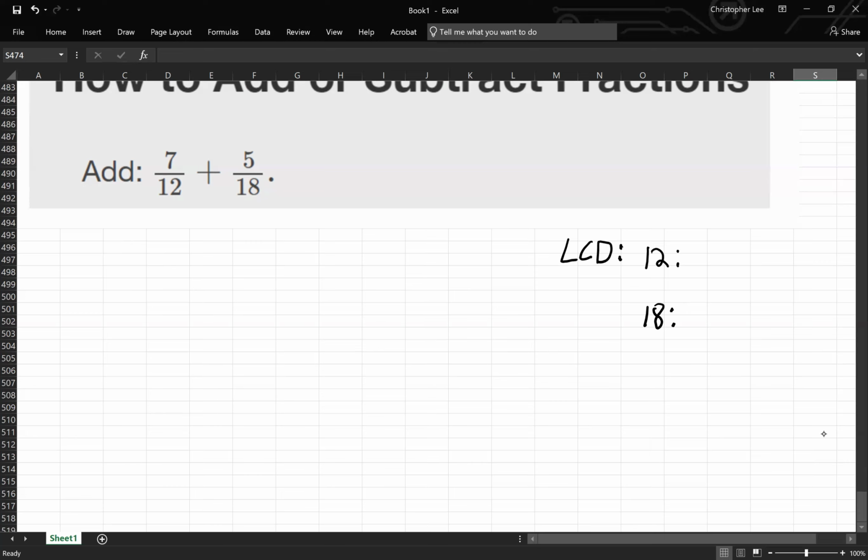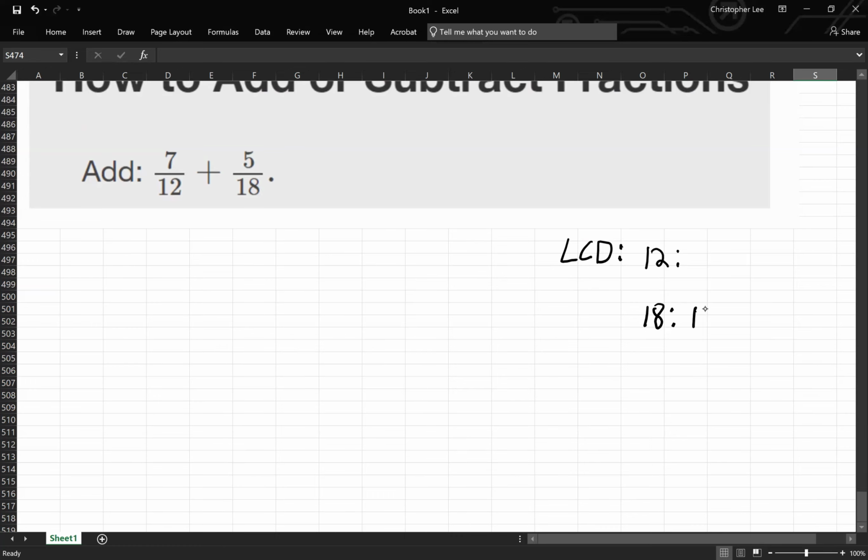Now, I'm going to show you guys a really, really easy way to do this. Take the bigger number, 18. Let's start off with 18. Can 12 go into 18 evenly? Nah, right? So I know right off the bat, 18 is not the LCD.